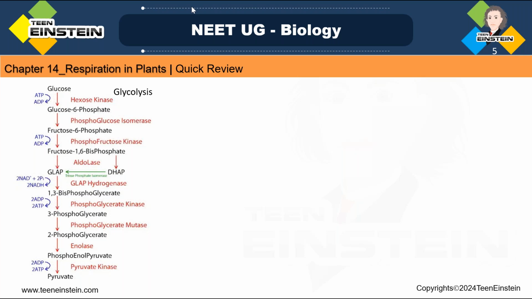That's how the electric potential of the membrane is generated. Then the electron transport chain involves 5 complexes.